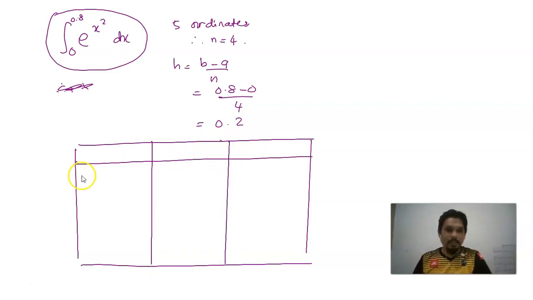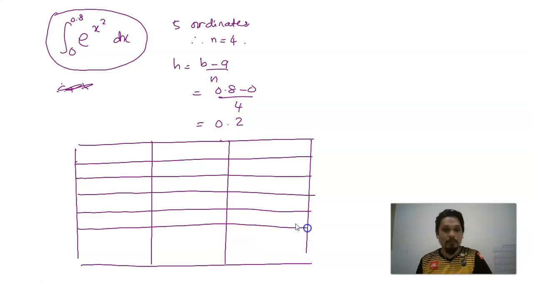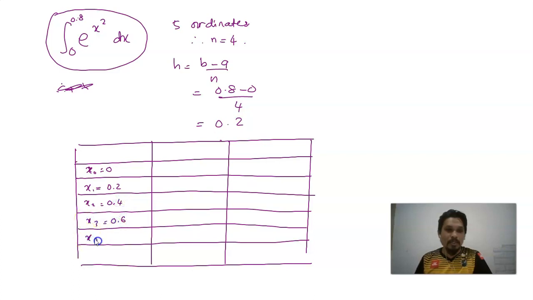And then, as usual, 5 ordinates: 1, 2, 3, 4, and 5. So x naught equal to 0, x1 equal to 0.2, x2 equal to 0.4, x3 equal to 0.6, and x4 equal to 0.8.